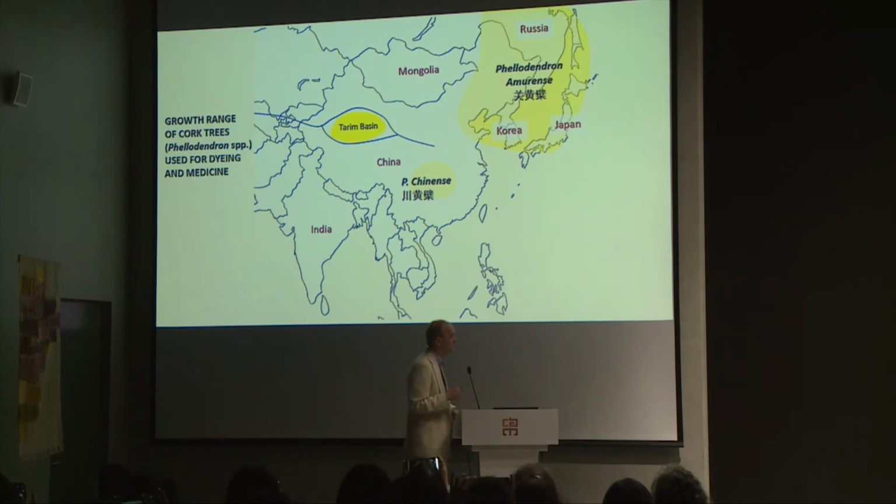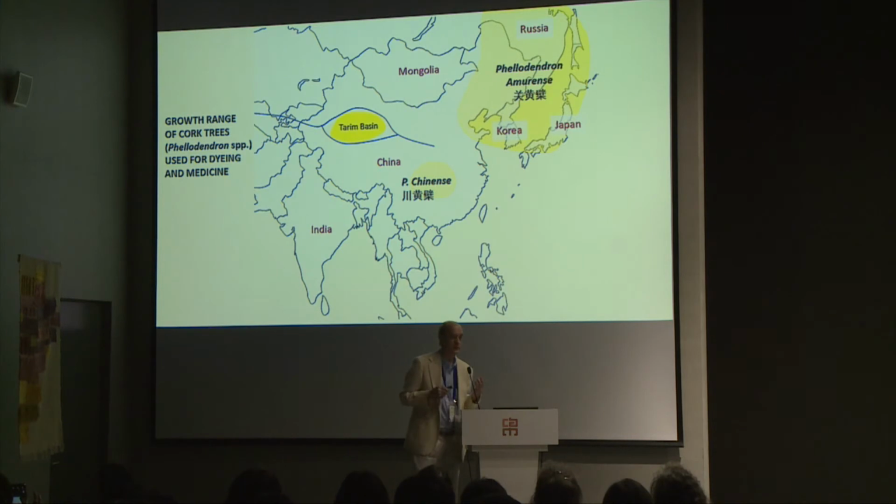Now, usually when you see a protoberberine, people say it was dyed with the amur cork tree, which may be true, but there's also another species of Phellodendron that grows in central China. And so this might have been used too.